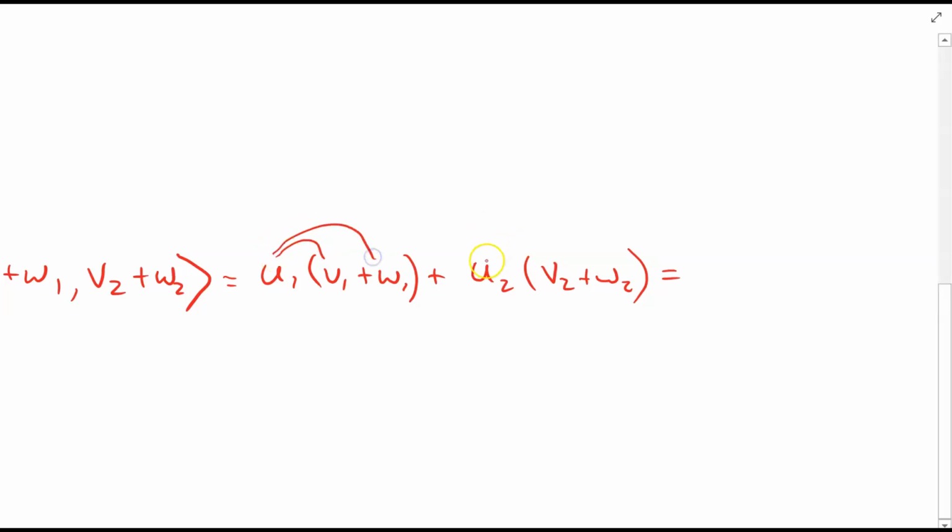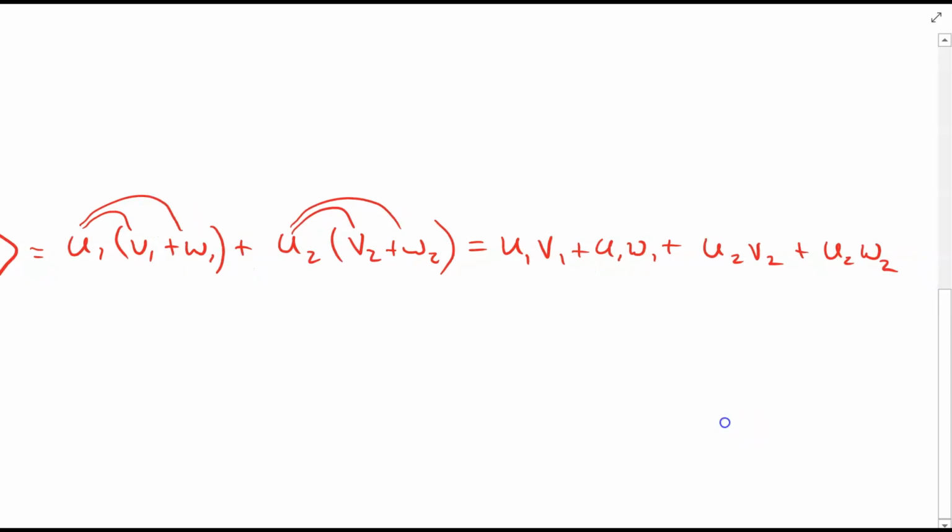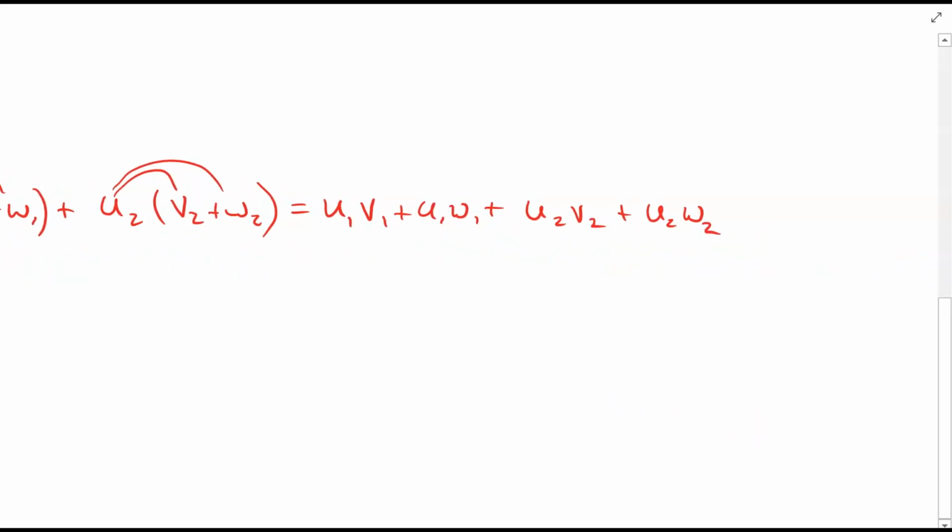So I'm just going to distribute these u's. Notice that this is not the distributive property for vectors that I'm using, because u1 and u2 are components, they're just real numbers. So I'm using the distributive property for real numbers here, not for vectors. So it's okay to do this. We okay to here?